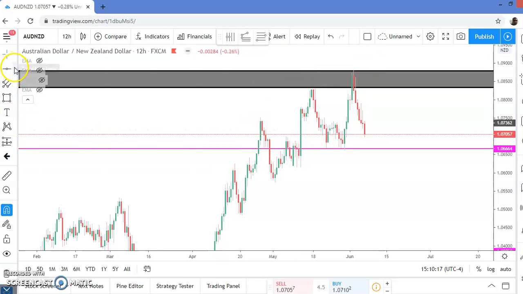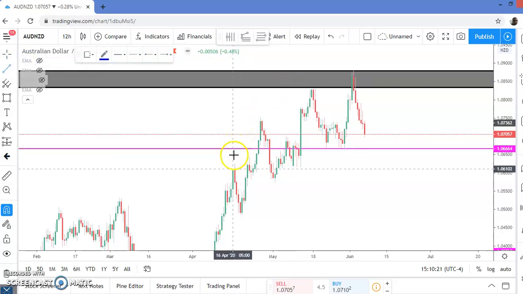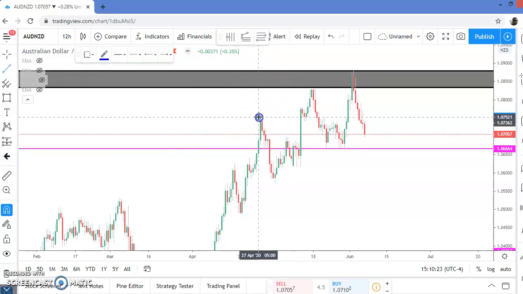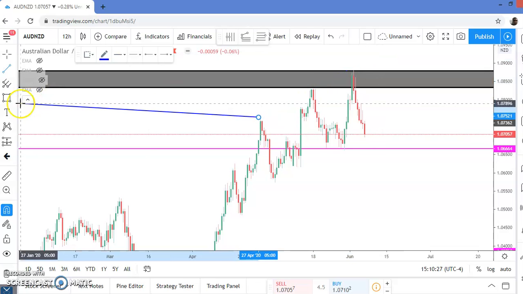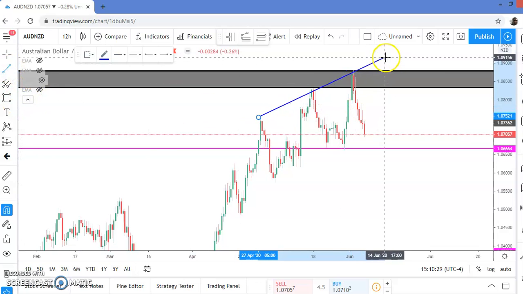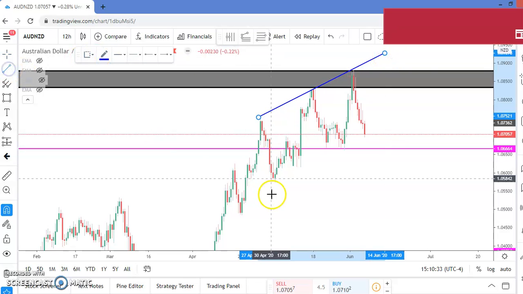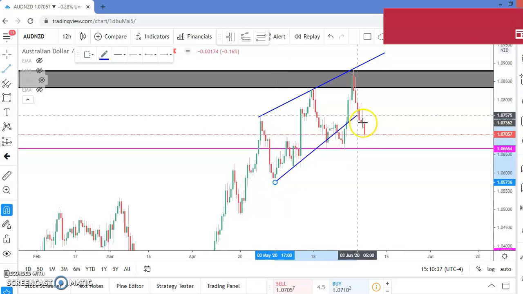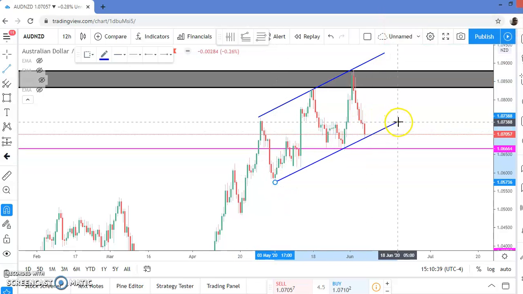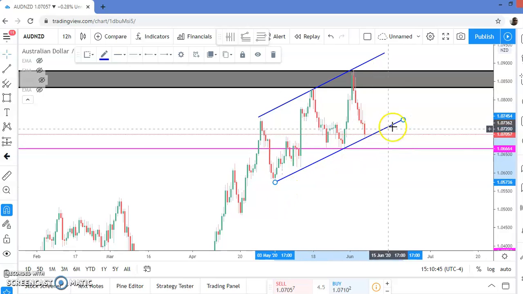So what I'll do is go to my tool, look at the trend line, hit 3 points, and kind of bracket this area off, right? The market is closed, by the way.